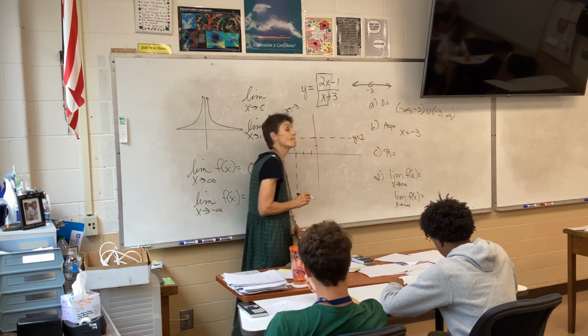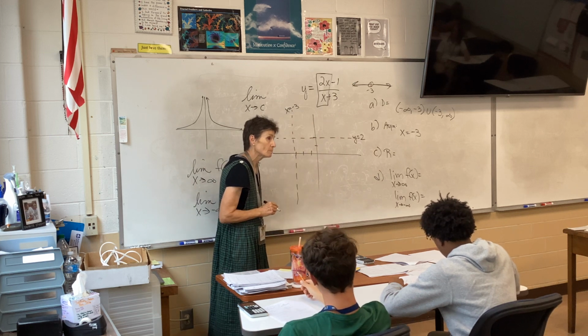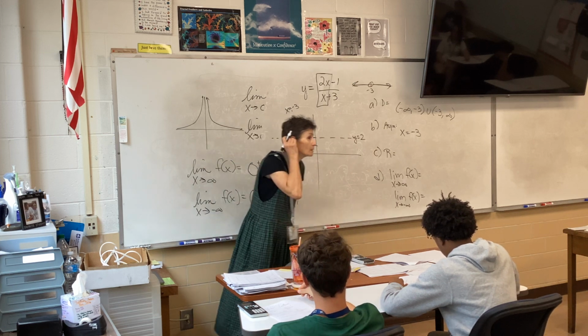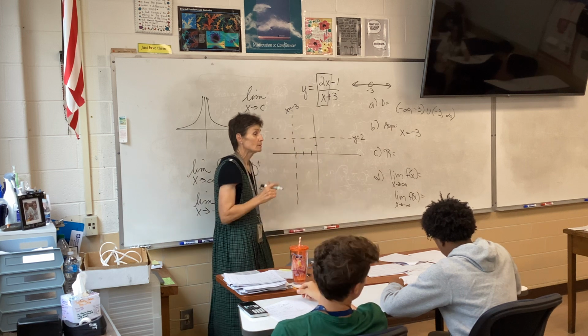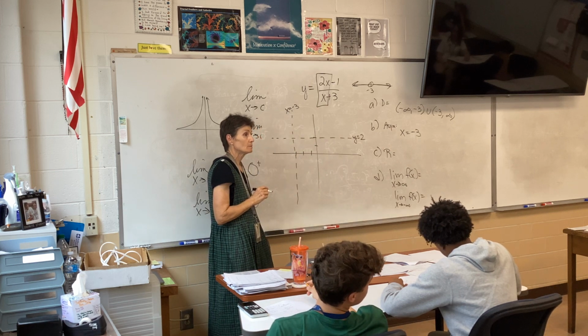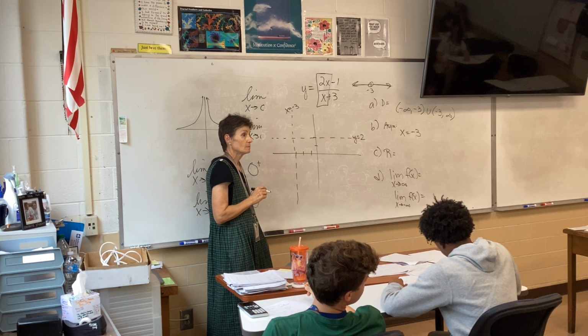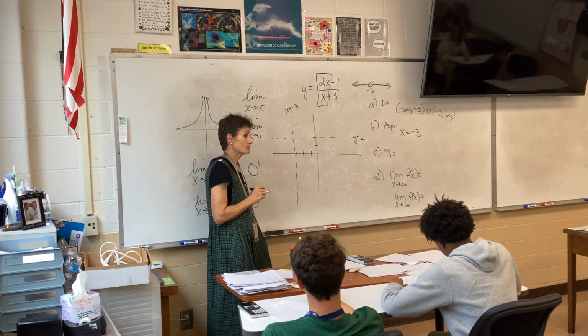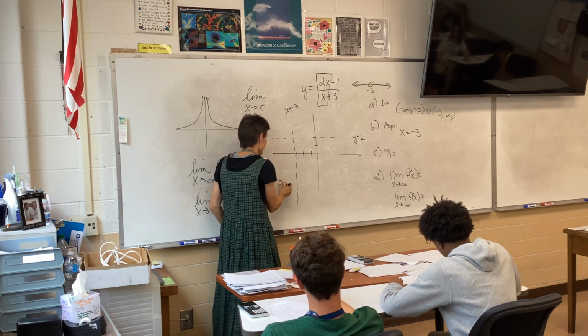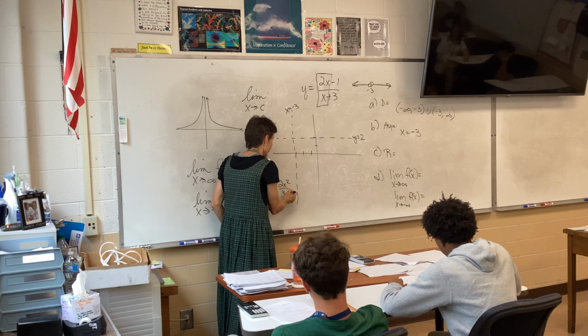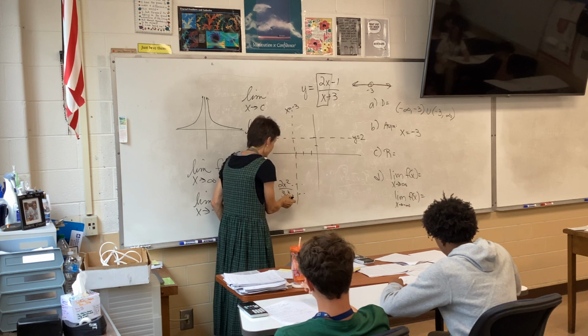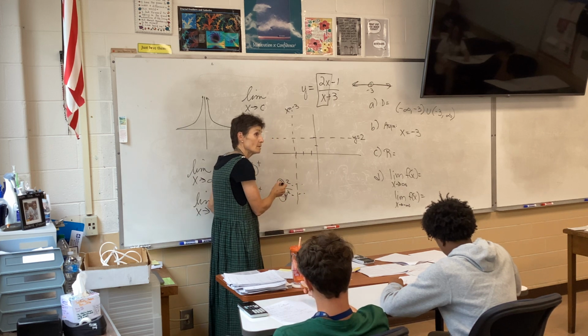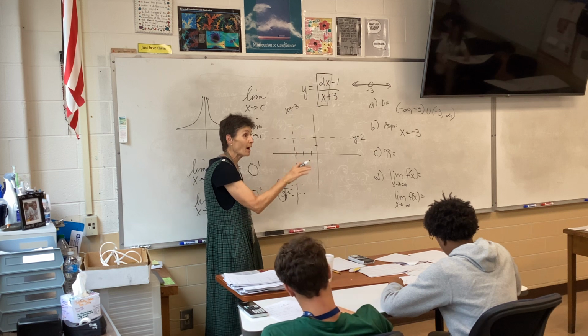Tess? The powers, if it was like x squared or 3x squared, would the horizontal be 2? 2/3. If it's 2x squared over 3x squared, and then more stuff, the asymptote would be at 2/3. You compare the highest power.